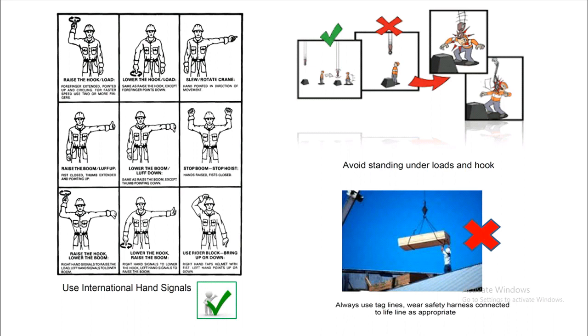If the rigger is pointing to the side using his left hand, that means the rig direction is going to the right, because the operator is looking at the rigger, and the left of the rigger is the right of the operator.